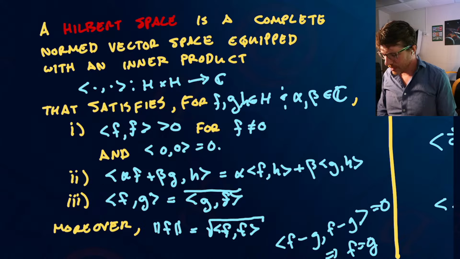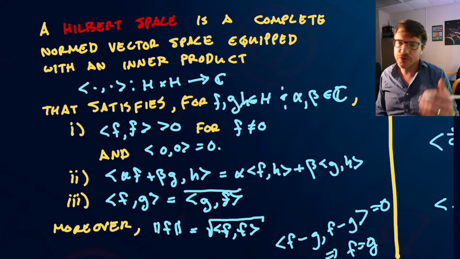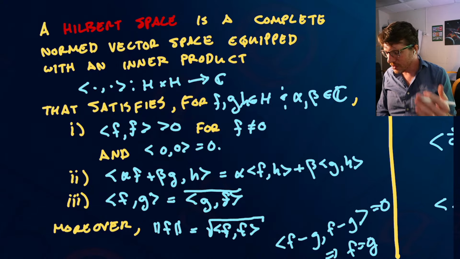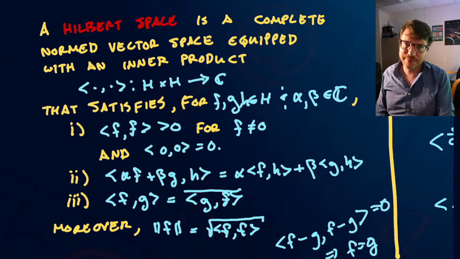So basically what we want to be able to do is turn this inner product into a norm. And if we have a norm, we want to make sure that the norm tells us when things converge. So indeed, we want the norm to give us identification: if f minus g is 0, then f must be equal to g.